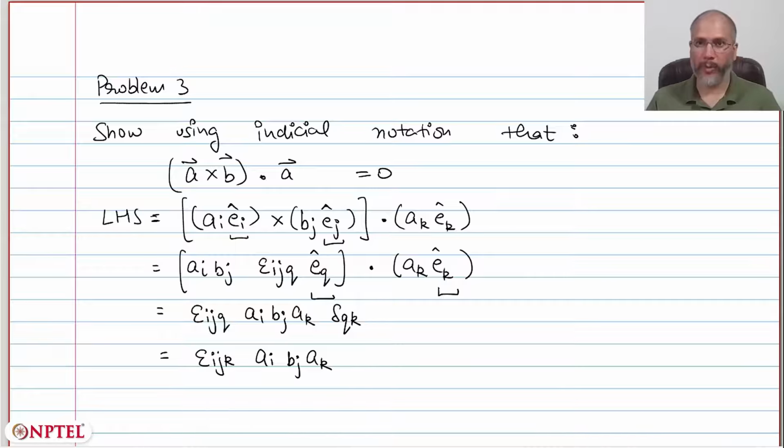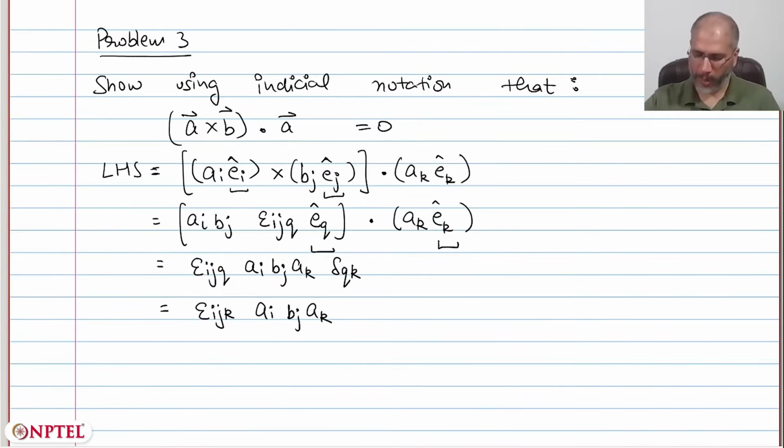Now we will be using the previous problem's result, which said that if you have a product of a symmetric and a skew symmetric tensor, then the result is 0. So in this case, let's take these two as two separate tensors, and we are only interested in the indices i and k.